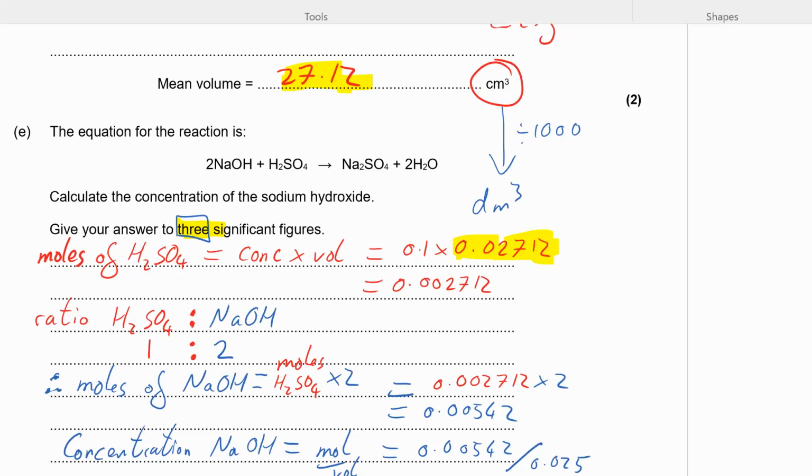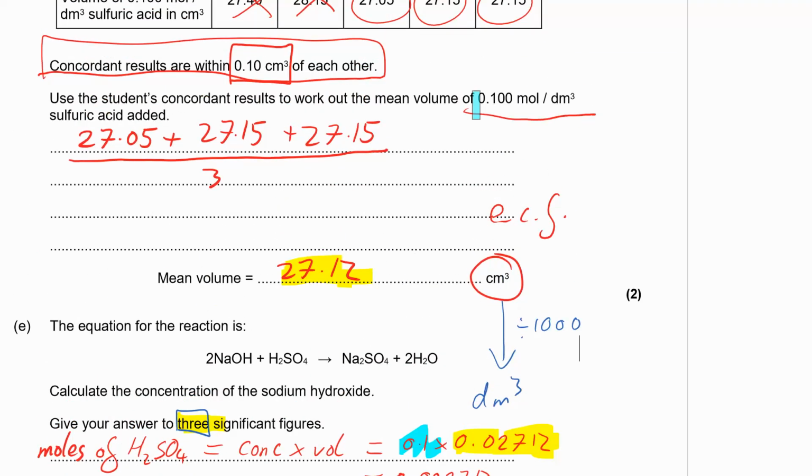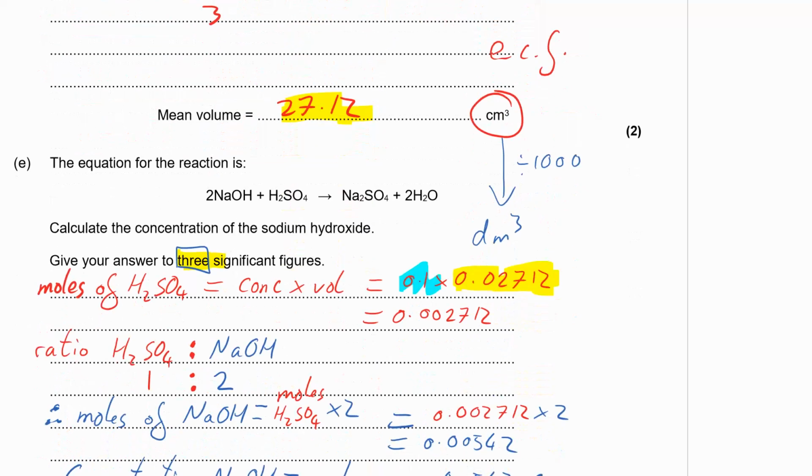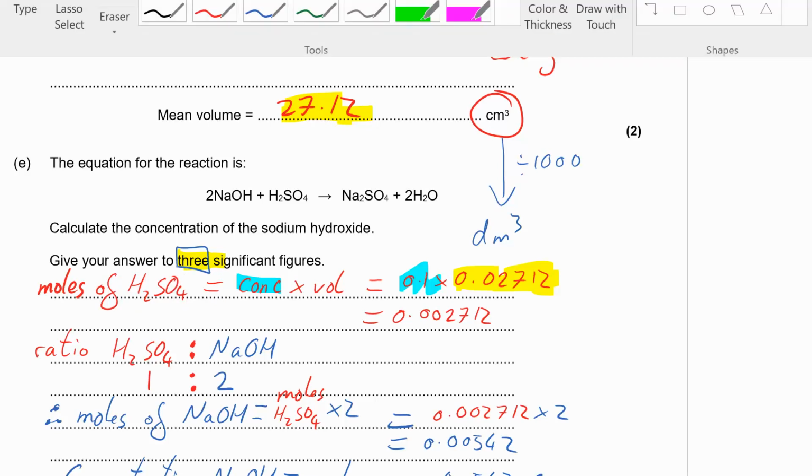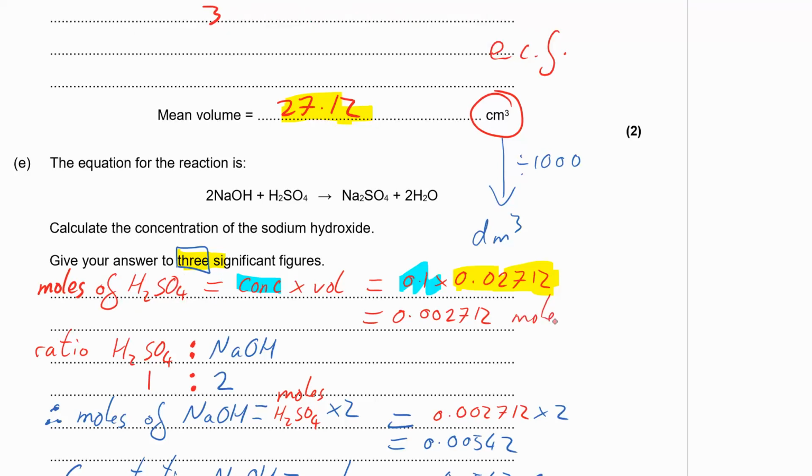The 0.1 comes from the question here. It gives you the concentration, because this says moles per decimeter cubed, so it's a concentration. So you know the concentration and you know the volume, therefore you can work out the moles, and this is the moles of H2SO4.